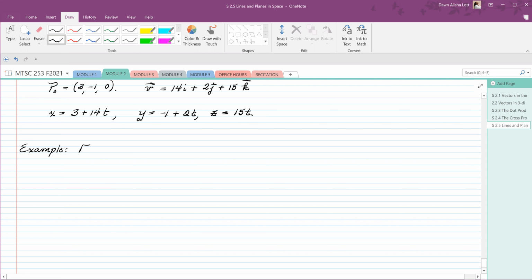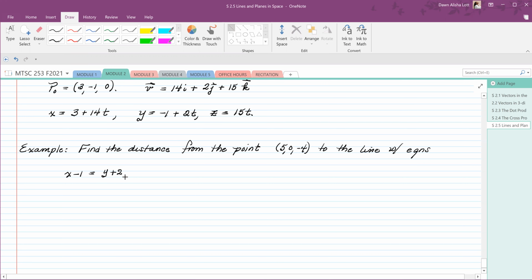We want to find the distance from the point (5, 0, -4) to the line defined with equations x minus 1 is equal to y plus 2 over -2 and z plus 1 over 3.